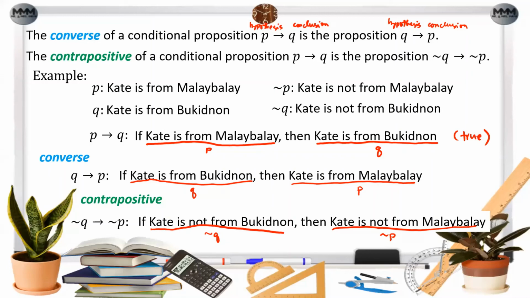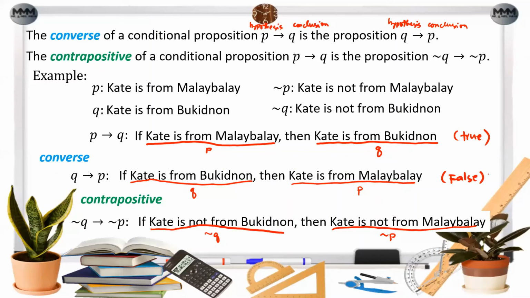It could be she is from Maramag, which is still part of Bukidnon. Or she is from Quezon, Bukidnon, still part of Bukidnon. So it doesn't imply all the time. Hence, this statement is not true in general, so we can say that the statement is false.